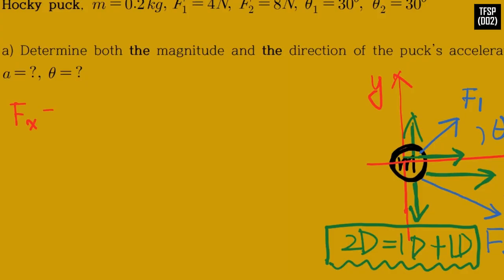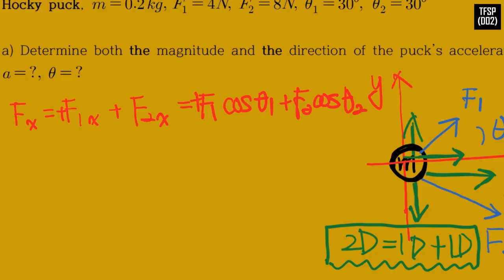Fx equals F1x positive F2x equals F1 cosine theta 1 positive F2 cosine theta 2.